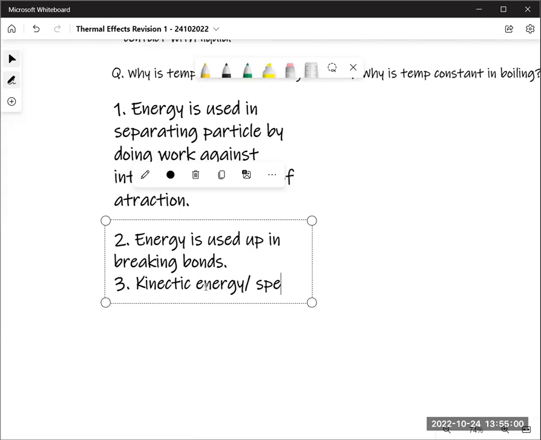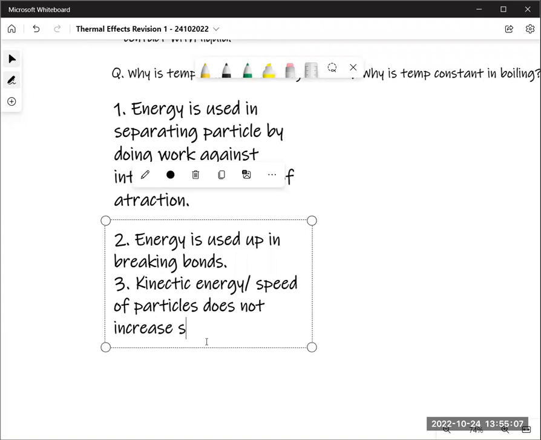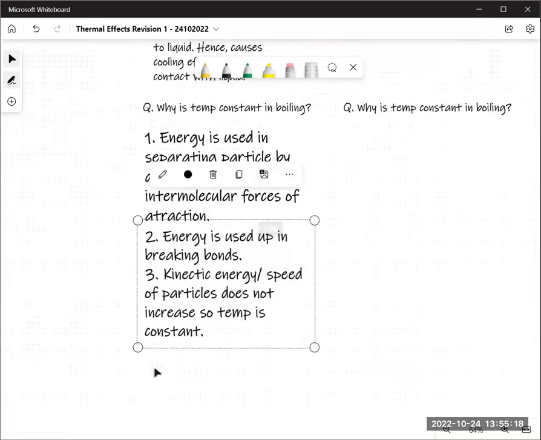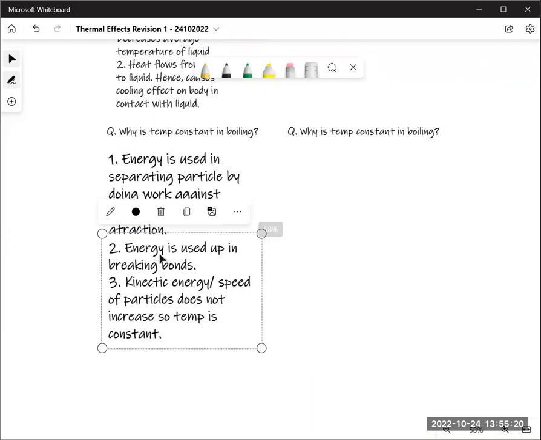Kinetic energy or speed of particles does not increase, so temperature is constant. Write this in your notebook quick. 3-mark question. Okay.